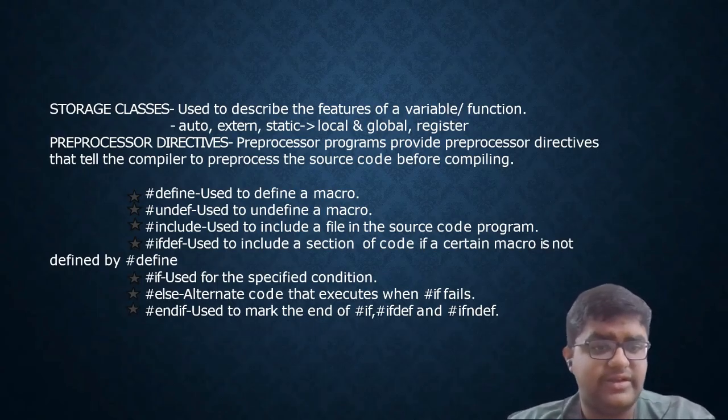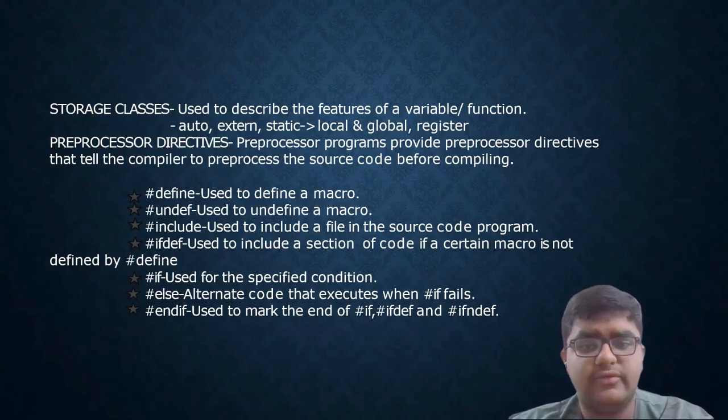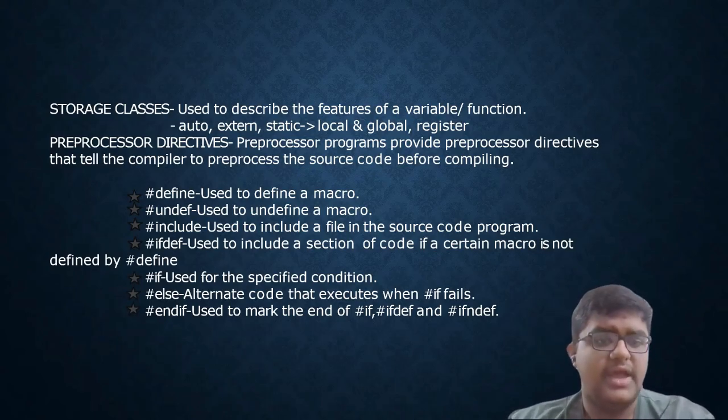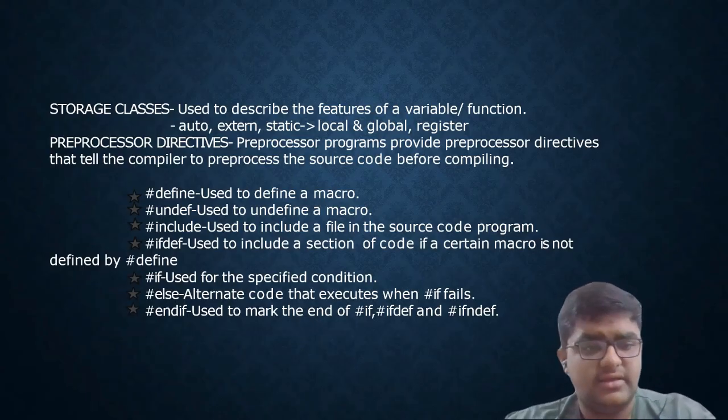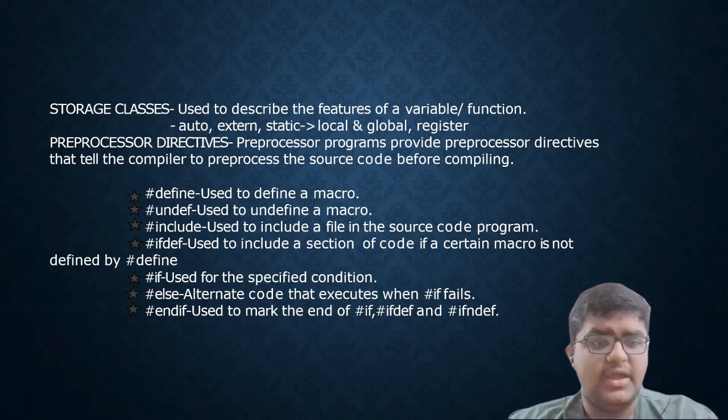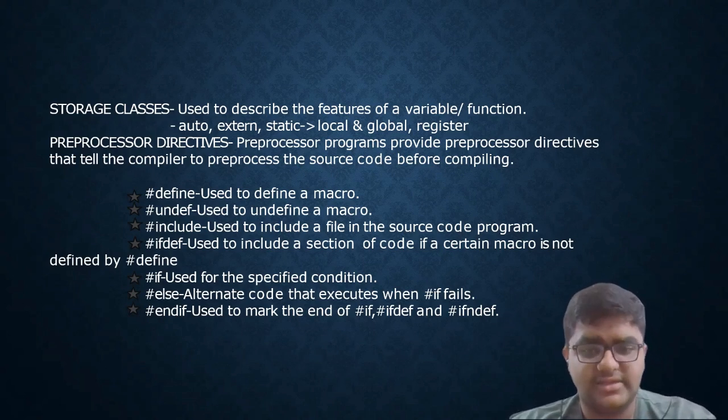Hash ifdef is used to include a section of code if a certain macro is defined by hash define. Hash if is used for a specified condition. Hash else is the alternate code that executes when hash if fails, and hash endif is used to mark the end of hash if, hash ifdef, and hash ifndef.